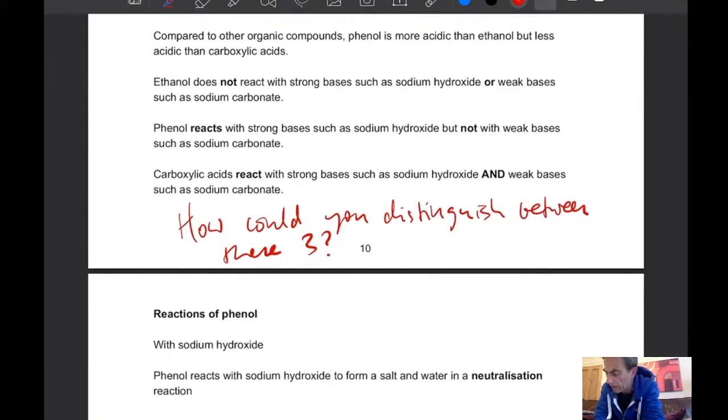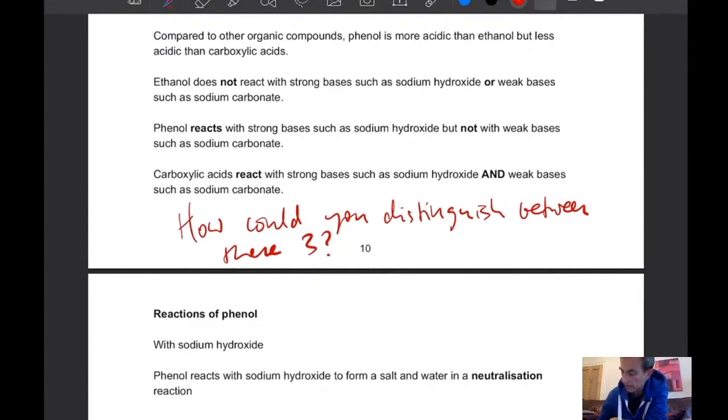Phenol and carboxylic acids both react with strong bases, but phenol does not react with sodium carbonate. So all you would do is put sodium carbonate in both. The phenol can't react with it because it's too weak, so you would not see the characteristic bubbles of carbon dioxide. However, the carboxylic acid would, and you'd get bubbles. Yeah, okay, people are saying that now, so that's it. It's fairly straightforward, isn't it?